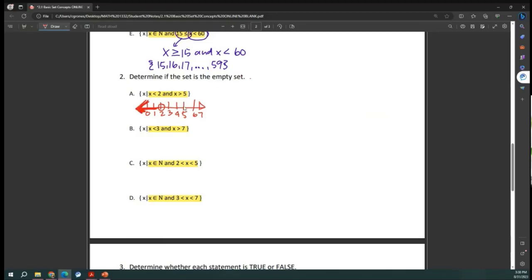And if X is greater than 5, we're going to do everything to the right of 5. So is it possible for a number to be less than 2 and greater than 5? No. So that means that this is the empty set.